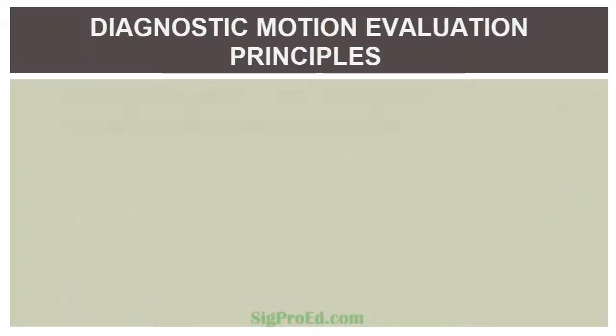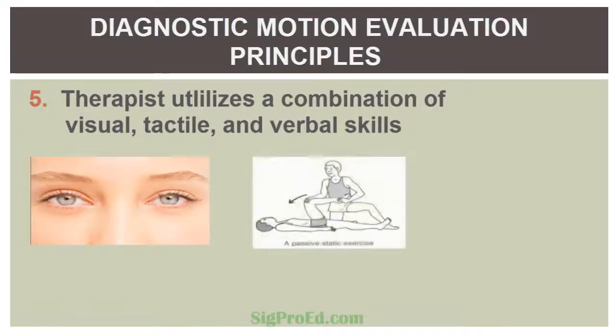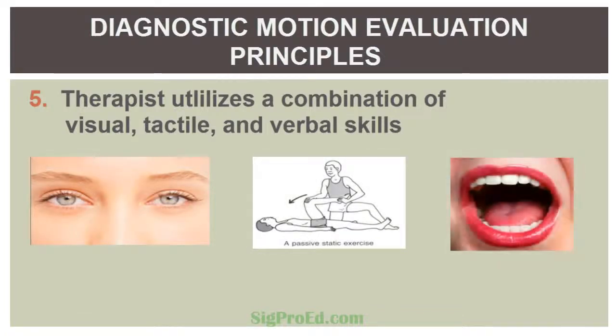The therapist will use a combination of visual, tactile, and verbal skills, meaning we will observe quality range of motion and compensation. We can also feel for compensation. So if we see, let's say, the shoulder elevating with flexion, we can place our hands on the shoulder and move the arm in passive range of motion. And at the point that we feel the motion occurring at the shoulder, we could say that that's where the compensation occurs.